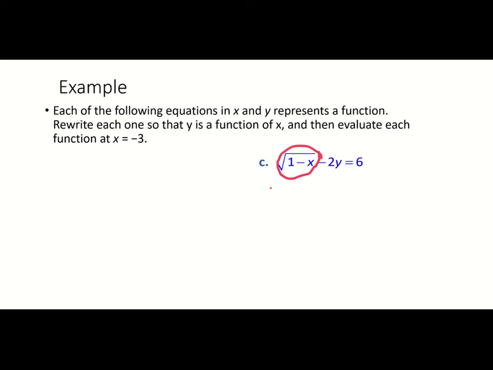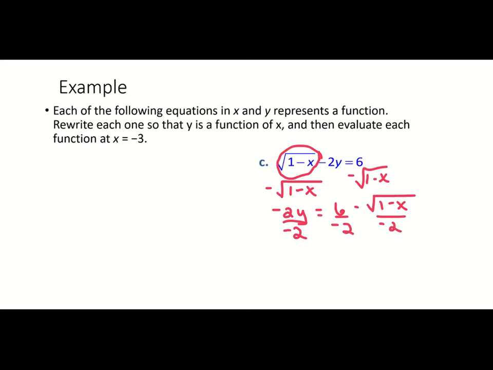So I'm going to subtract the square root of 1 minus x from both sides. And that is going to give me -2y is equal to 6 minus the square root of 1 minus x. I still need to get y by itself, so I'm going to divide everything by -2, each term, and that radical is one term.